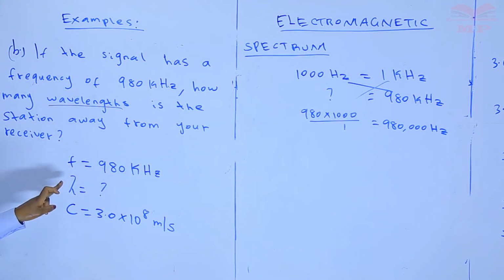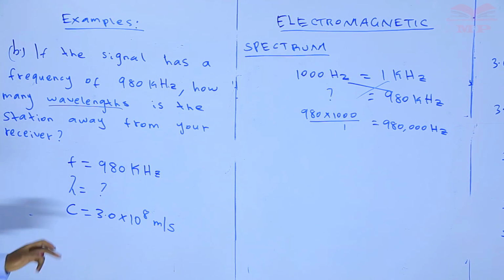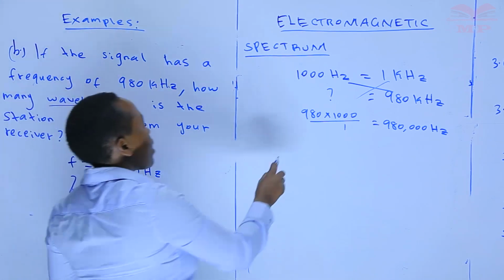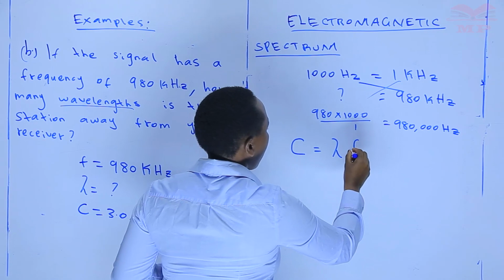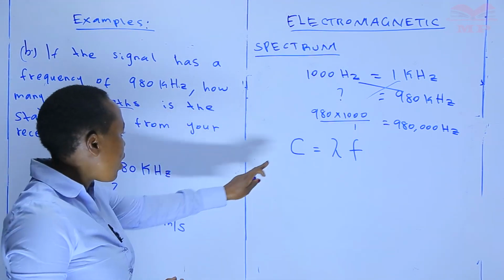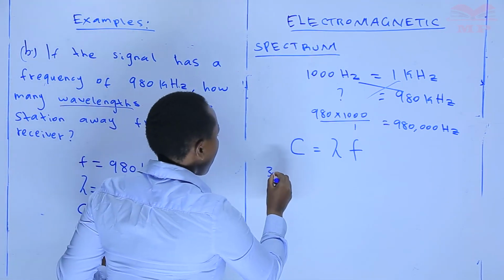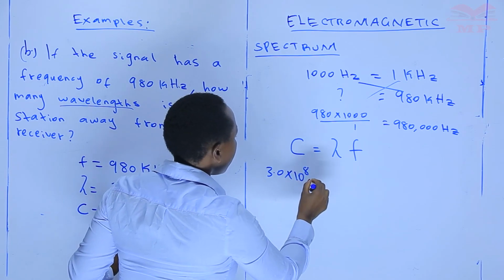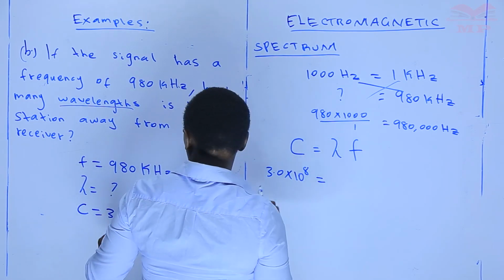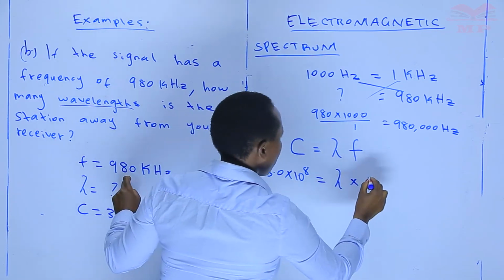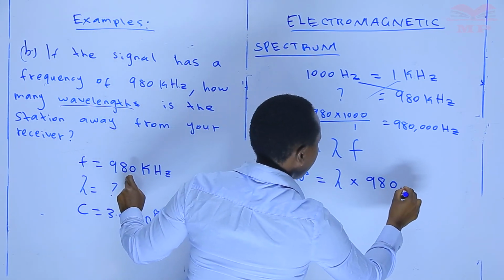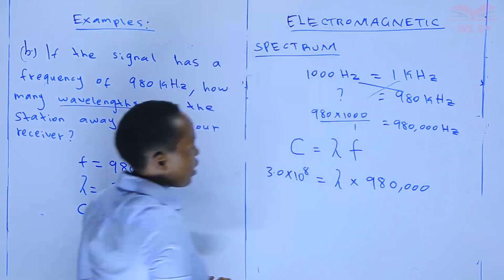We have frequency, we want wavelength, we have the speed. So again here, as you can see, we apply the wave equation. And the wave equation is C is equal to wavelength multiplied by the frequency. Our C is 3.0 times 10 power 8, is equal to our wavelength, which is in question, multiplied by the frequency, which is 980,000 hertz.